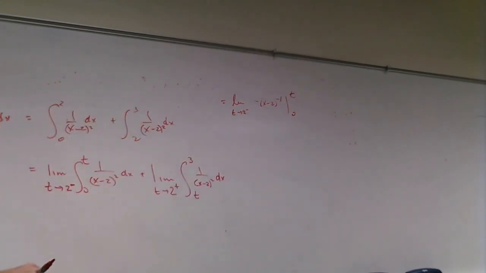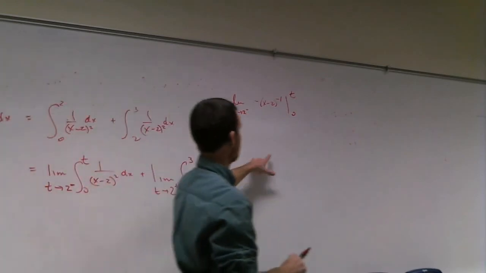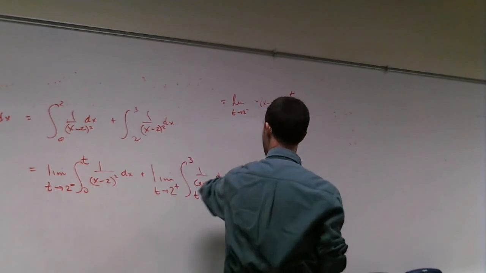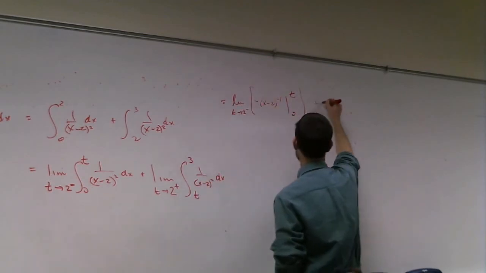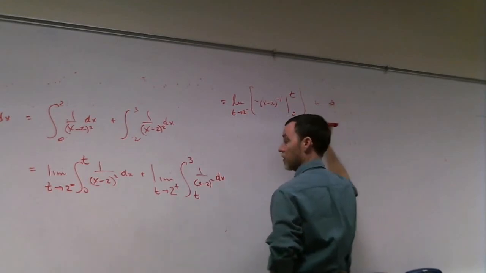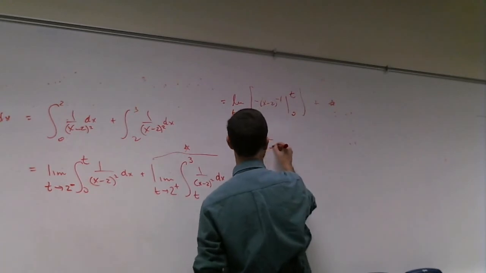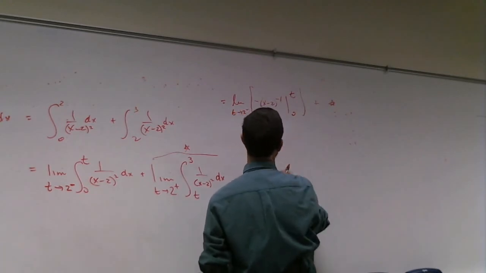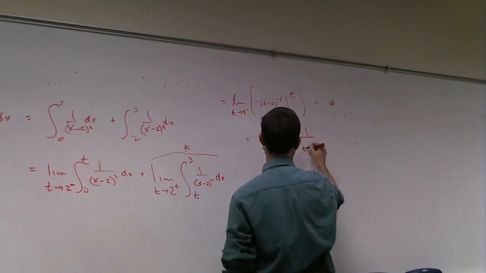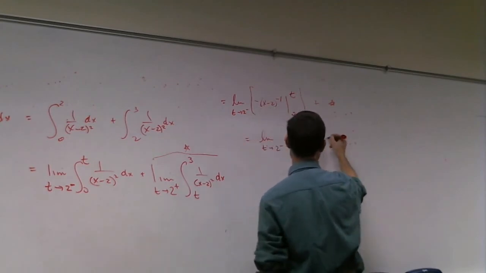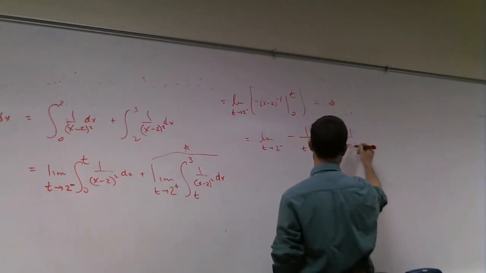You with me, Dominique? Took the antiderivative of this. Endpoints go in, subtract the top one minus the bottom is the rule. I've still got to do the limit. So that's all in there. Plus star, this guy's star, right? Which I'm not going to do. You guys don't pay. So now I put that in, and it's negative 1 over t minus 2 minus negative 1 over 0 minus 2.